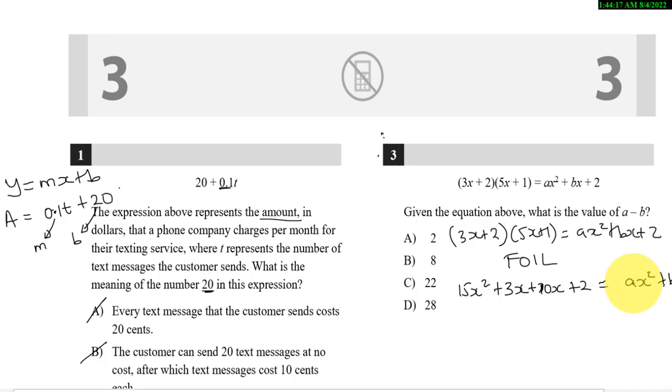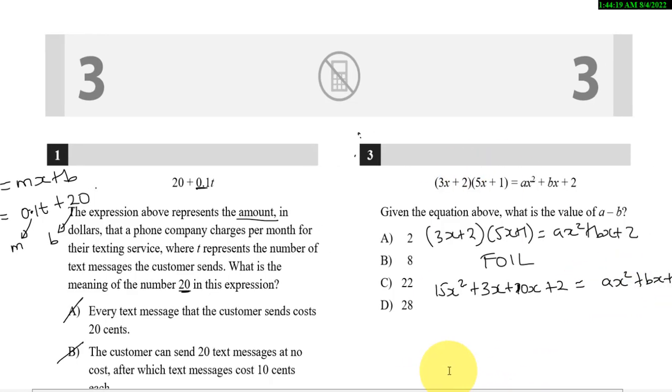Okay, so this has to be a 2 written here, plus 2. So we expand this. This leaves us with 15x² + 13x + 2 = ax² + bx + 2.